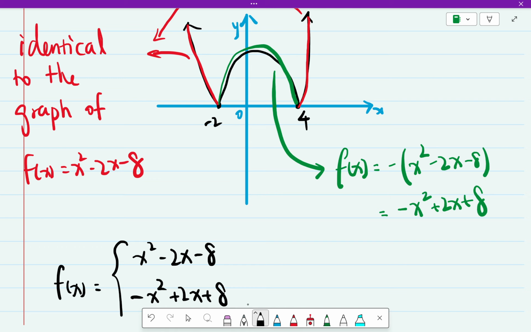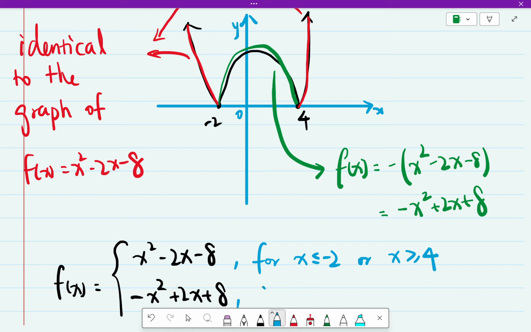For x squared minus 2x minus 8, which is the red part, only for x less than or equal to negative 2 or x greater than or equal to 4, the graph would be x squared minus 2x minus 8.